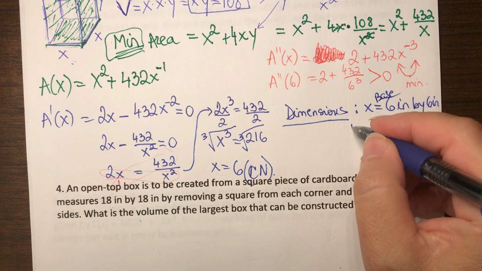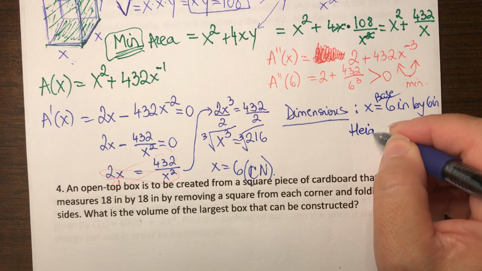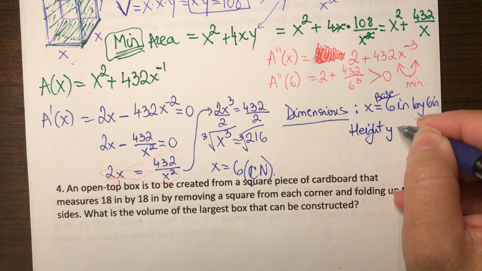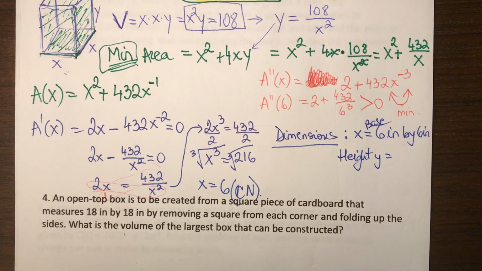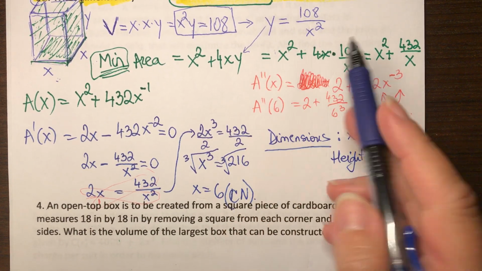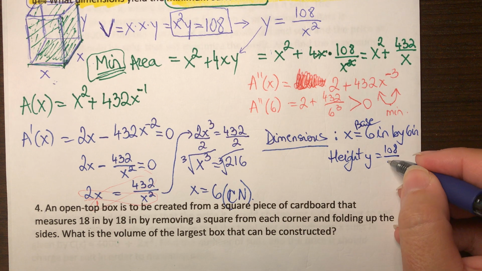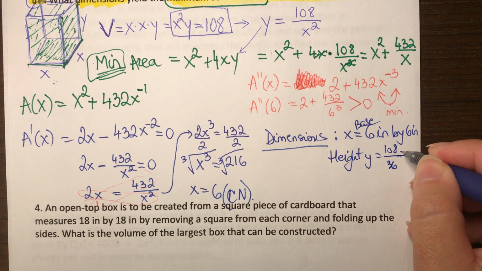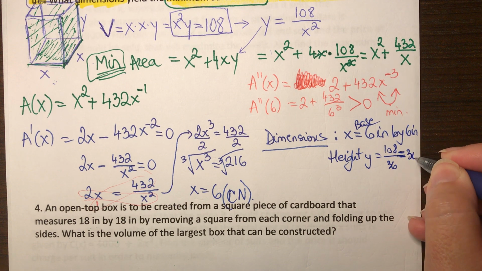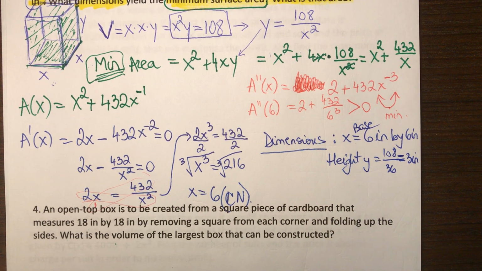The height of this box, in other words, the y, is going to equal what? How do I get the y? There is a y in terms of x. It is 108 divided by 6 squared, which is 36. So that's going to be 3 inches. Okay, so 6 times 6 times 3 is 108, by the way.